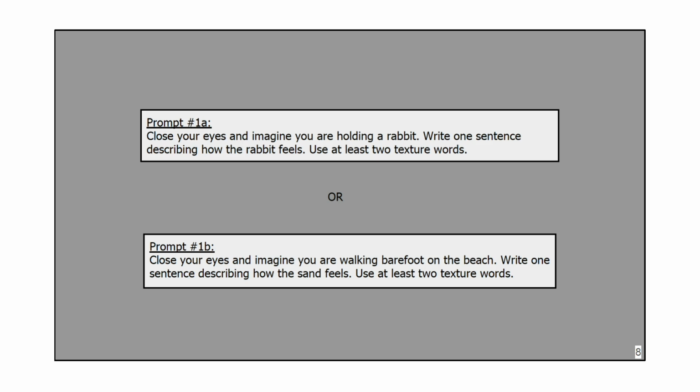Prompt 1B. Close your eyes and imagine you are walking barefoot on the beach. Write one sentence describing how the sand feels. Use at least 2 texture words. If you'd like, you can revisit the word bank on the previous slide.